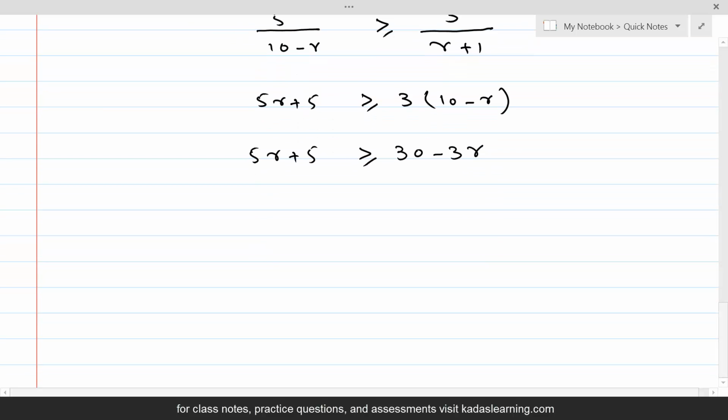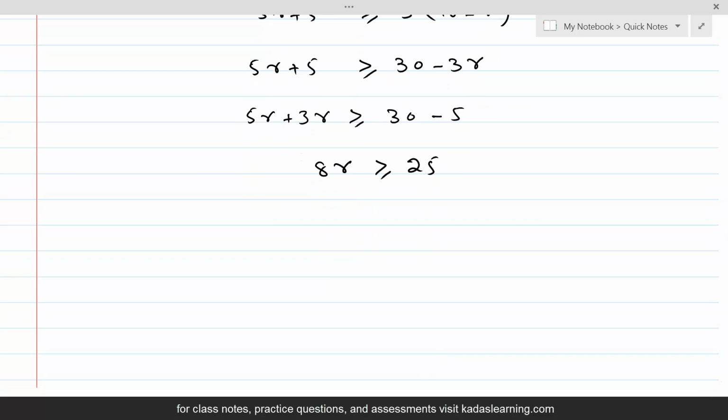And here 5r plus 3r greater than or equal to 30 minus 5 means that 8r is greater than or equal to 25 and r is greater than or equal to 25 divided by 8.